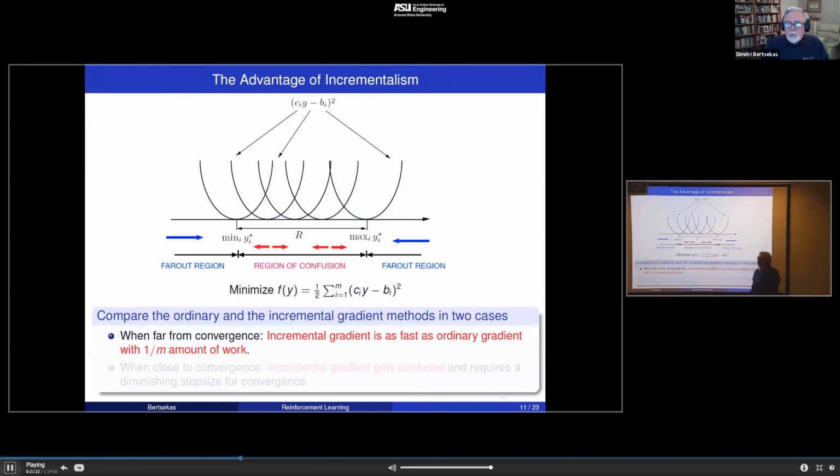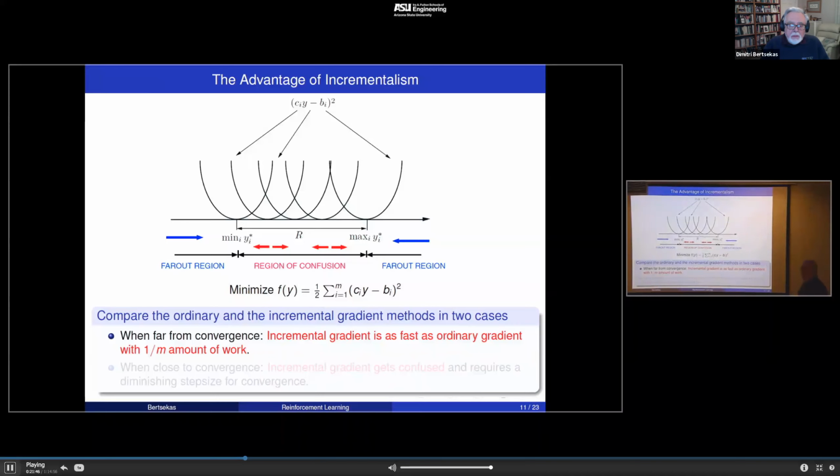You may even start exactly at the minimum of the overall cost function, but you'd be moving back and forth, depending on which component you pick. Sometimes you'd be picking the right kind of component that would move you towards the global minimum, and other times you would be moving in the other direction. The method gets utterly confused. Okay.